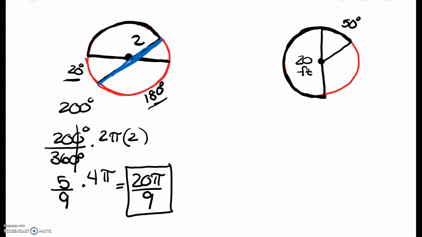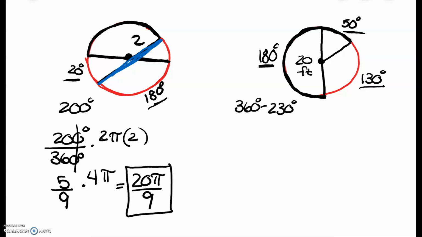Well, I know that the arc measure over here is 180 degrees, and I know that this is 50 degrees. So when I add those up, I get 230 degrees. Well, to find the missing arc here, I'm just going to take 360 degrees and subtract my 230 degrees to get 130 degrees, because all of these numbers that I've written around my circle need to add to 360.